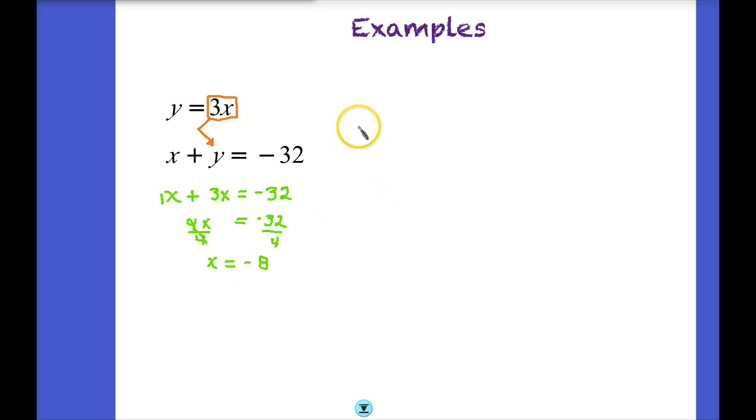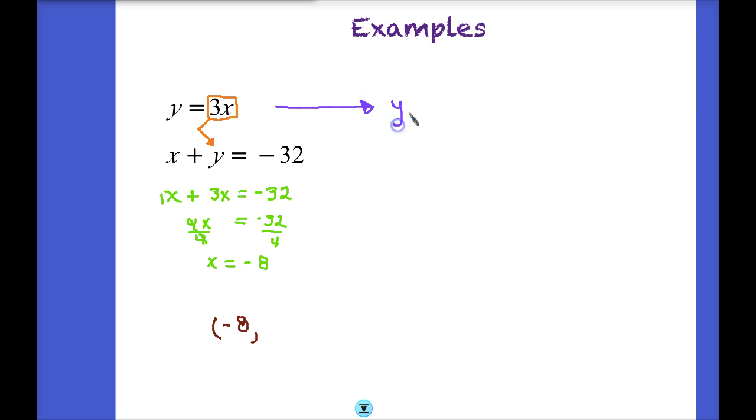Okay, on this one I do know the x-coordinate. I know that the x-coordinate, and I'll write it down here, is negative 8. But what I don't know right now is the y-coordinate. But I know that y equals 3x, so all I have to do is plug in a negative 8 for x, since I know what x equals. So let's go ahead and take this equation, draw a line out here.